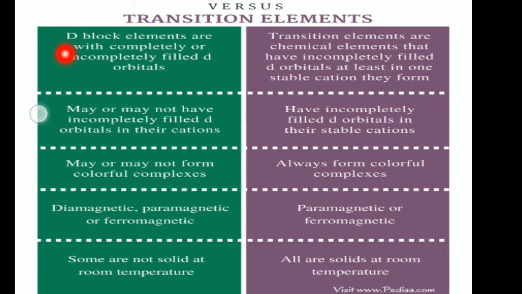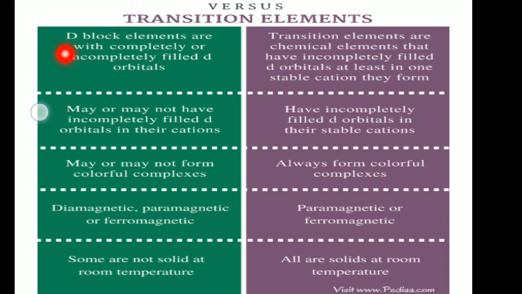In d block elements, some elements are not solids at room temperature. For example, mercury is a liquid at room temperature.